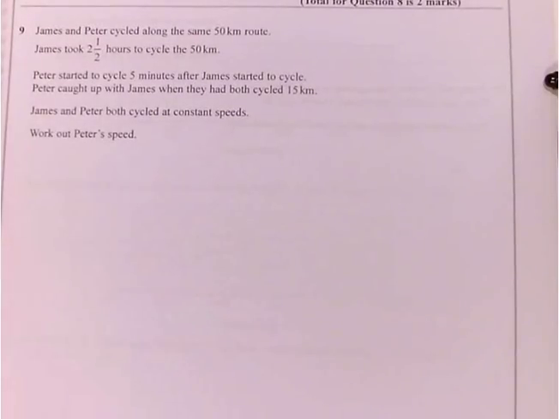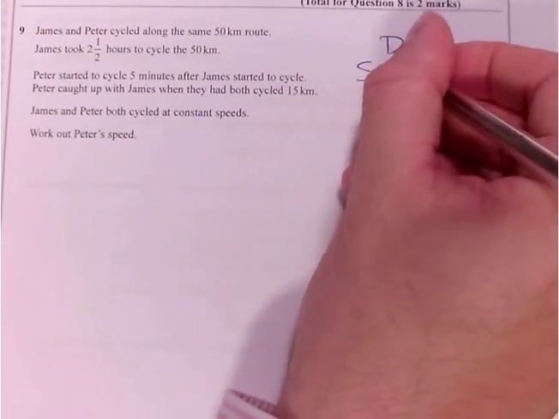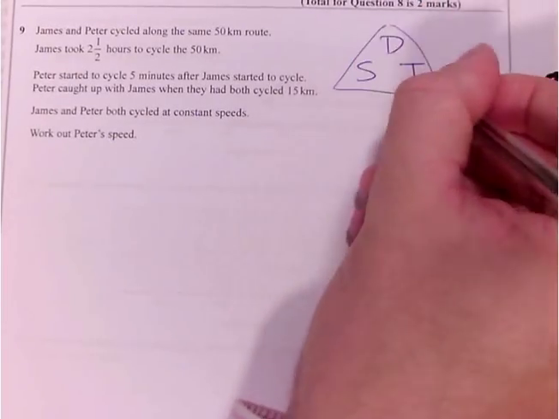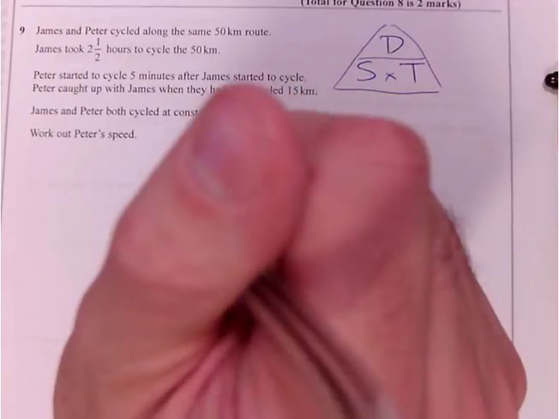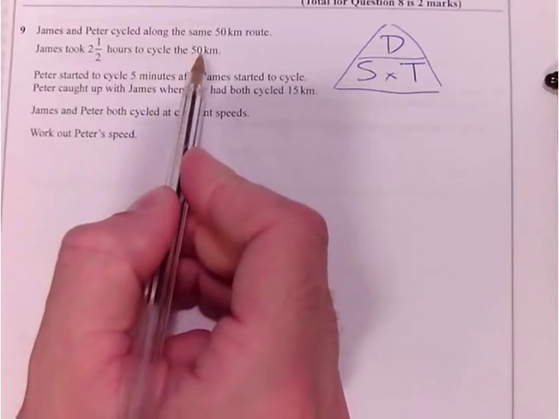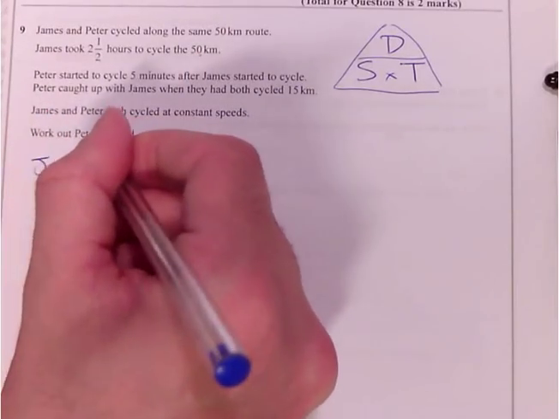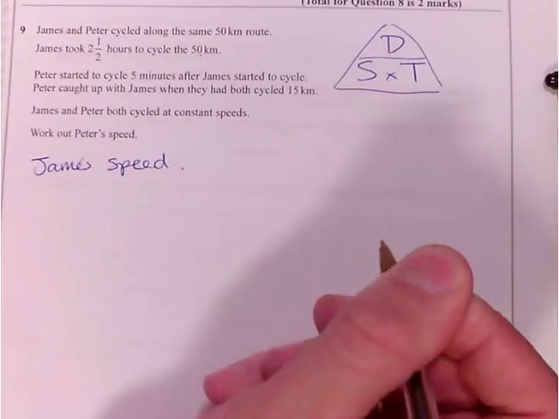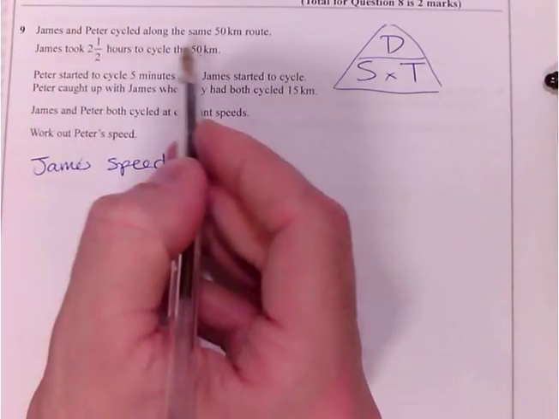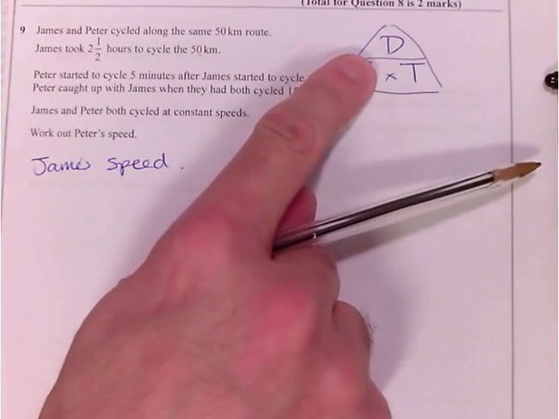Now it says work out Peter's speed. And I've got here, I know that speed, distance, time. To work out speed, I need distance and time. And I've actually got here, James did 2.5 hours to cycle 50 kilometres. So let's work out James's speed. 2.5 hours, 50 kilometres. Speed is distance divided by time.